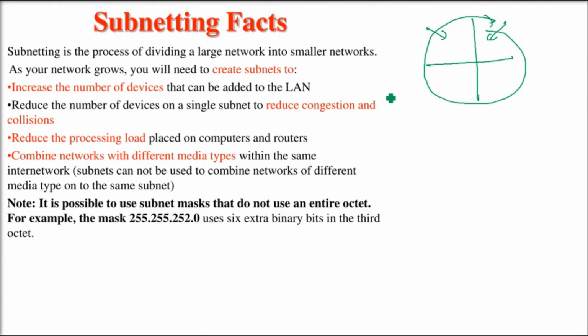The addresses are limited, and we want to increase the range of addresses, so we can use subnets, also reducing congestion and collision. Many nodes, many hosts, more problems, more congestion or collision, or a heavy processing load. So we can divide it a number of times.